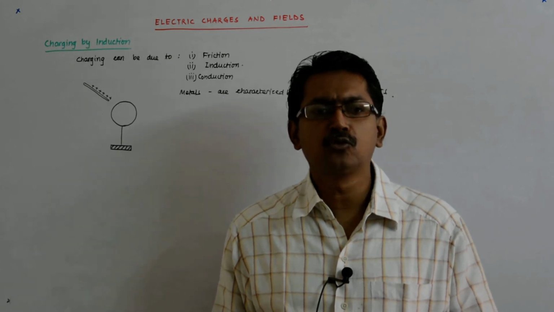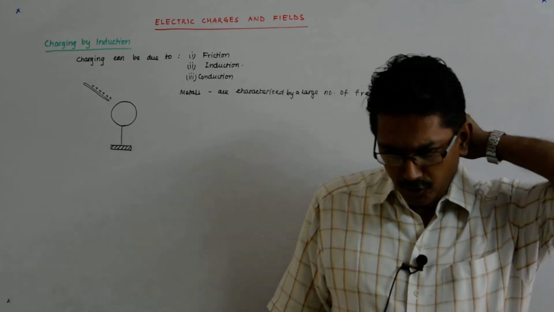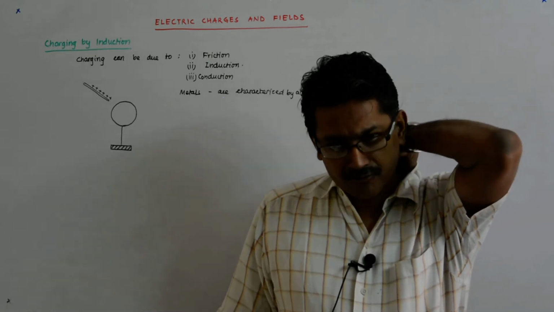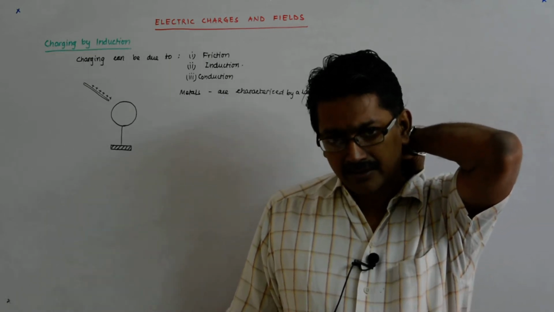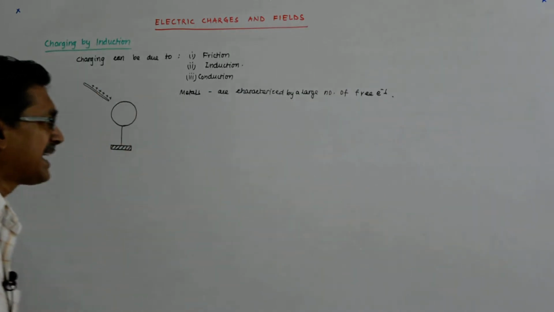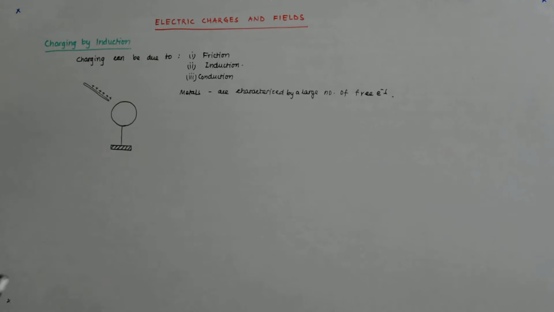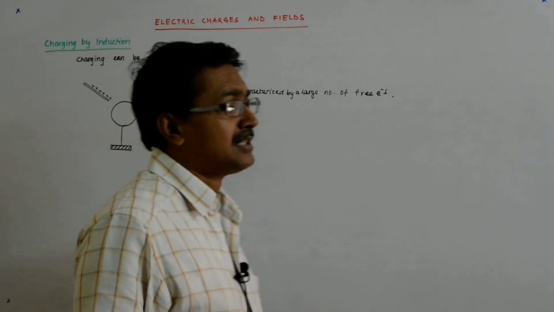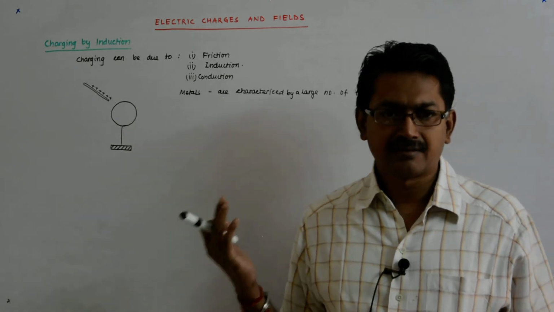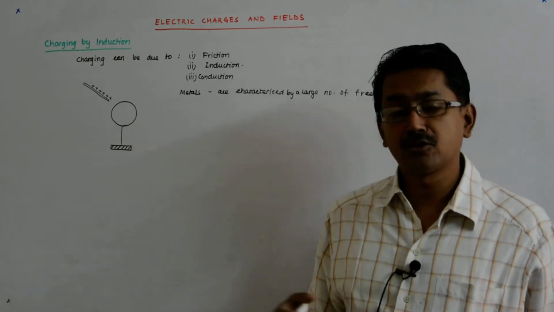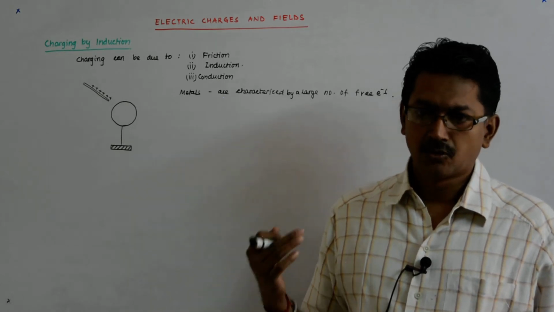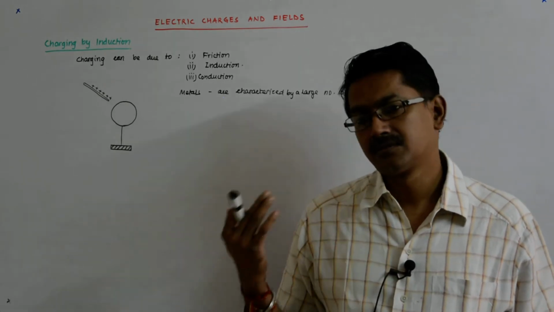And we understand only 23 grams of sodium will have any number of sodium atoms, and that will give you the Avogadro number of electrons, which is 6.02 into 10 to the power 23. So billions of billions.